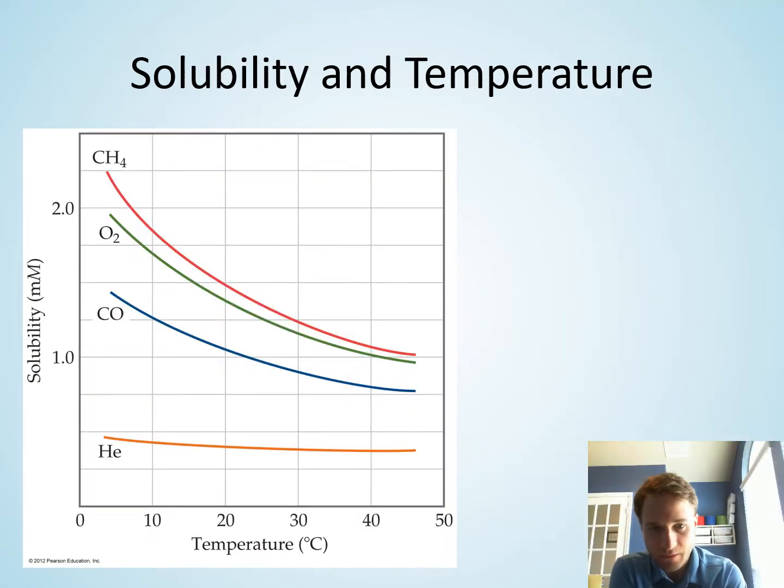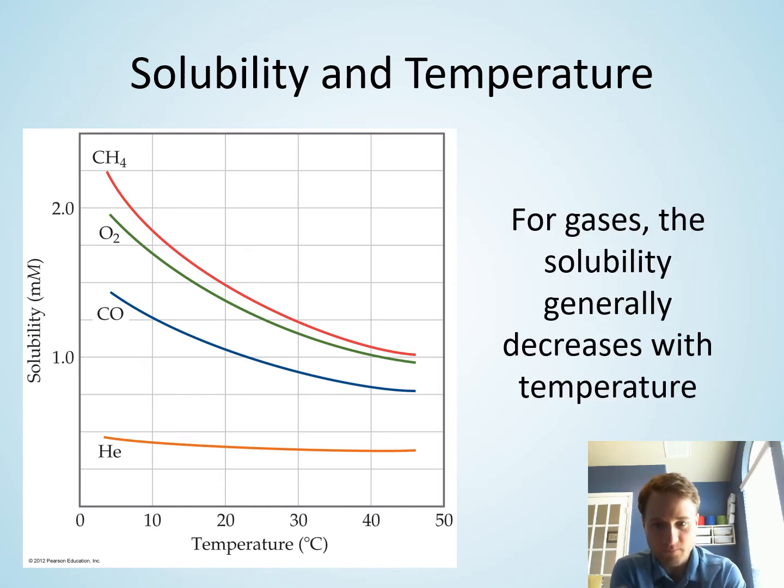For gases, you actually have the inverse effect of solubility and temperature. Here you have the solubility of a bunch of gases in water, and you see that this solubility decreases with increasing temperature. The reason is that in order for a gas to dissolve in a solution, the gas needs to hit the solution and get trapped inside it.